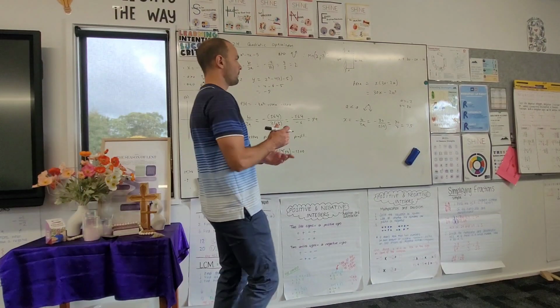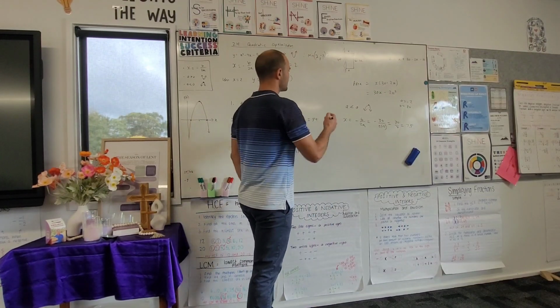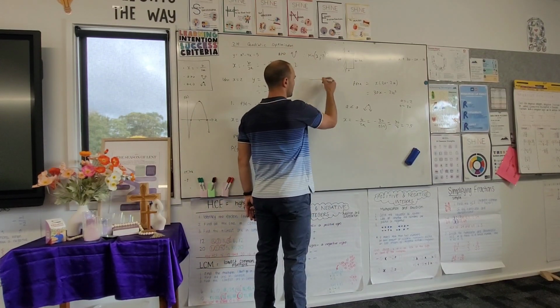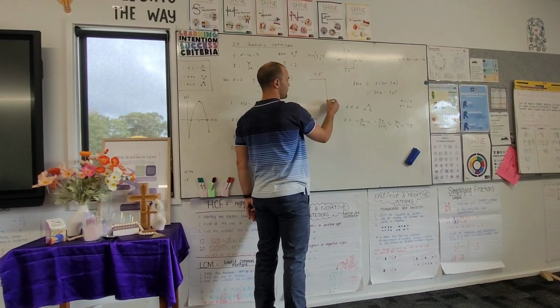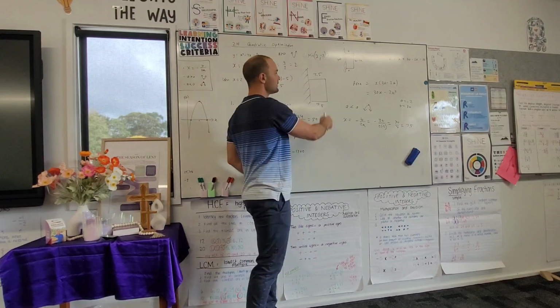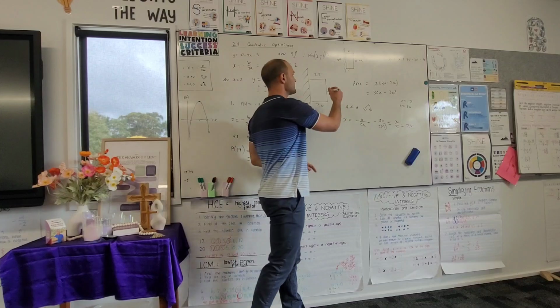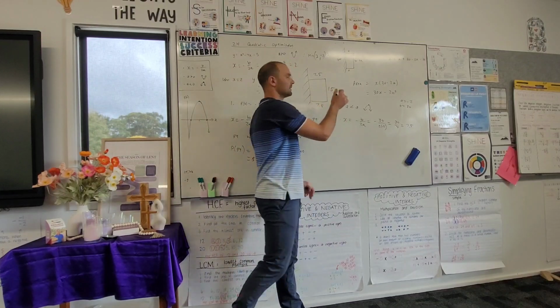That gives us the optimal area. So if x is 7.5, it means this length here is 7.5, this length here is 7.5, and this length here is 30, take away 2 lots of 7.5, that's going to be 30, take 15. This length here will be 15, okay?